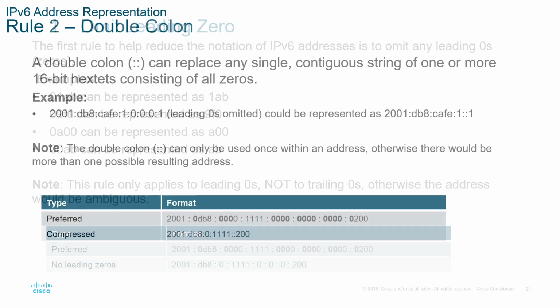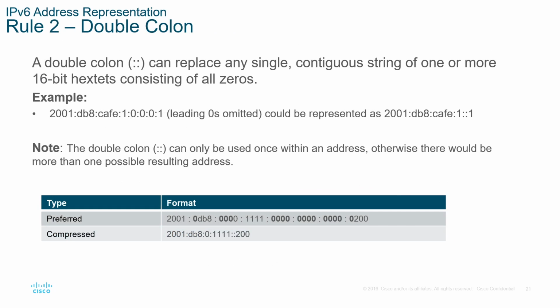Now we also have a special situation where we can use a double colon. But now remember, you can only use it once. So if I did the double colon here, I can look down here and see, okay, I got 3 zeros. If I counted them all up, if I put the double colon right here where I have these 4 zeros, I go 1, 2, 3, 4, 5, 6, 7 spaces.